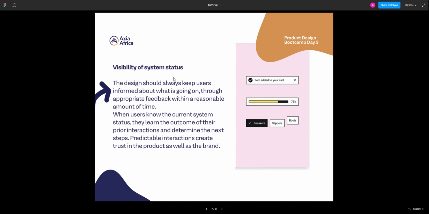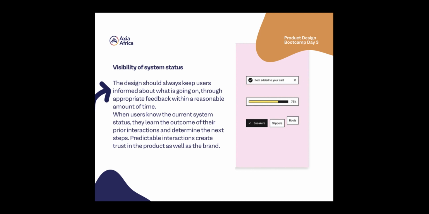Now, what that shows you is the system status. It tells you immediately that what you clicked has been added to cart. You want to buy bags from Shein, for example. You want to buy necklaces and you click on add to cart. You have selected the quantity and you click on add to cart. It just tells you item added to your cart.